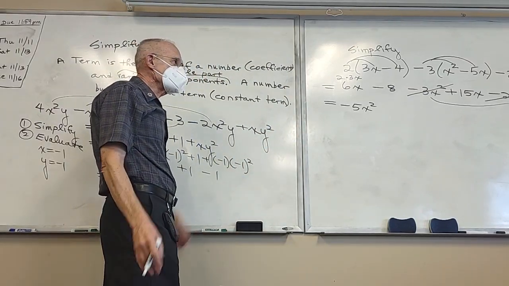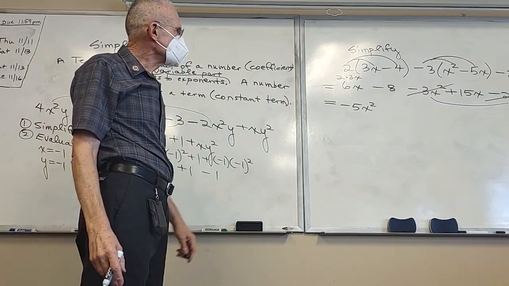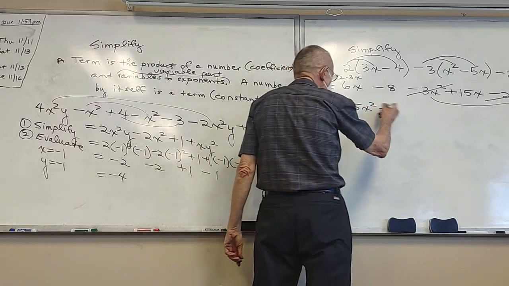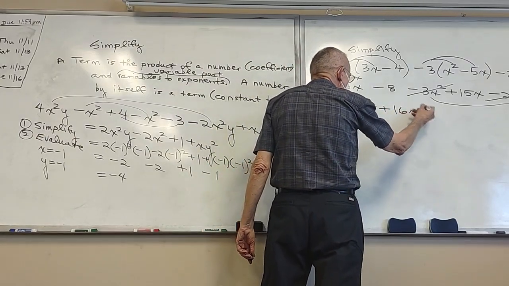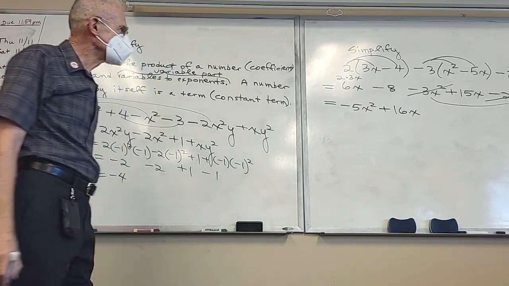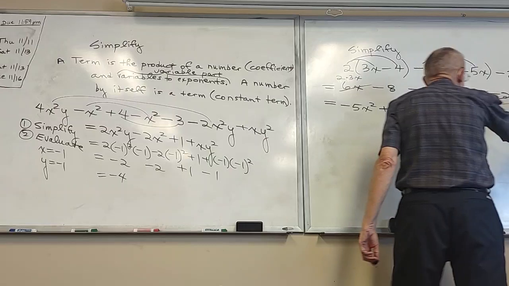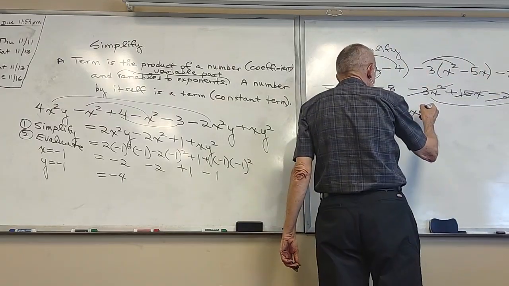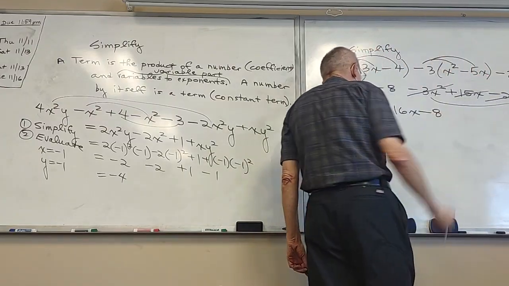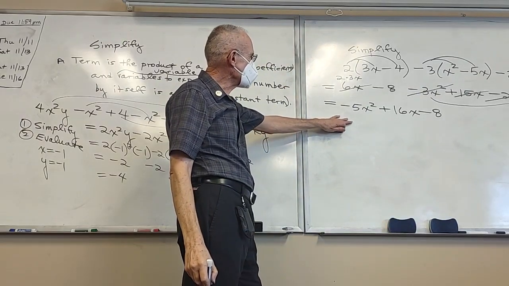In fact, I just did it in my head 3 different ways and got the same answer, except I forget what it was. Oh, 16x. Minus 8. That's the answer. We've simplified that polynomial into that.